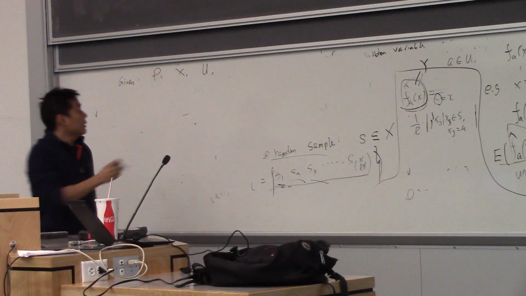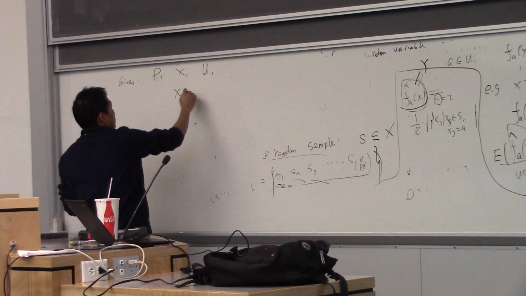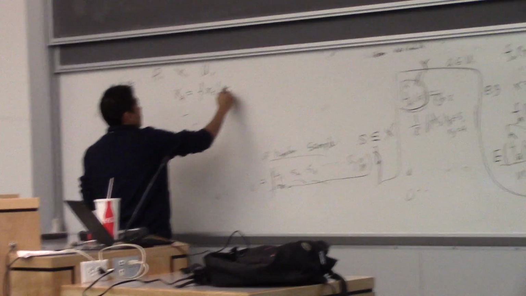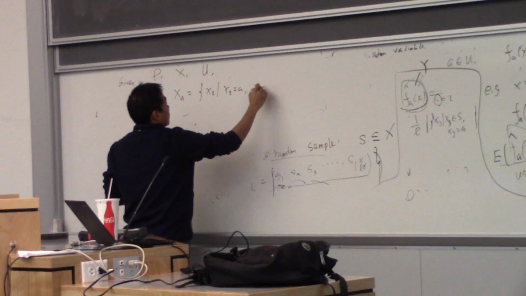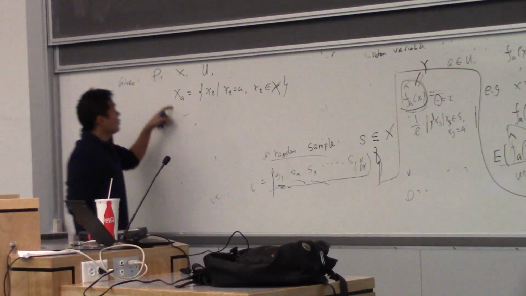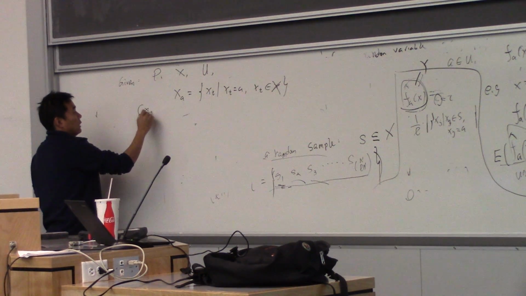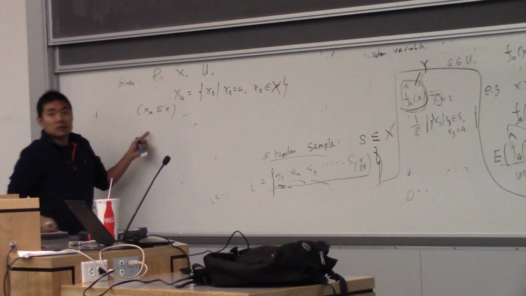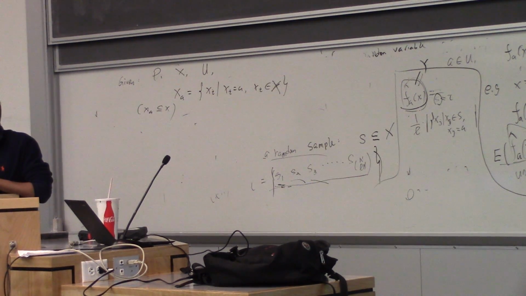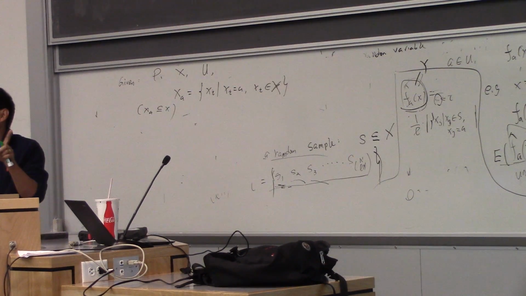So I define this notion of XA, which is essentially the subset of X. Obviously, XA is a subset of X. It is those elements in X with value equal to A. I just define this, right?